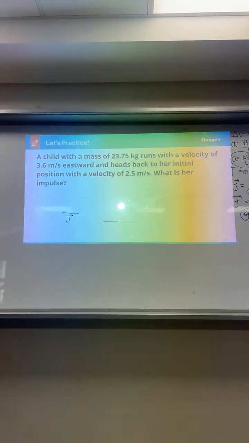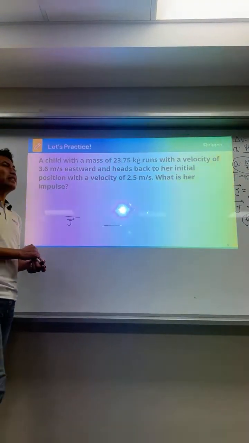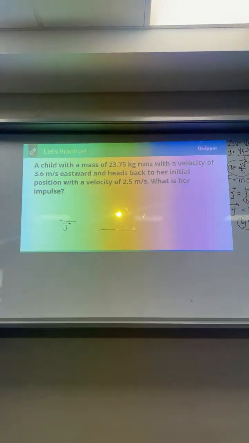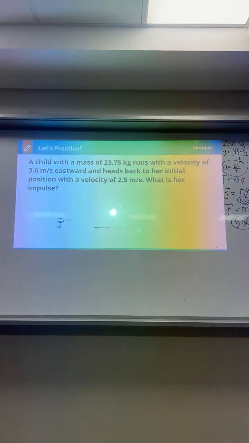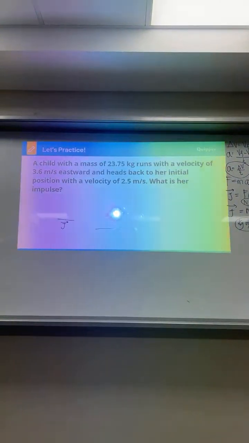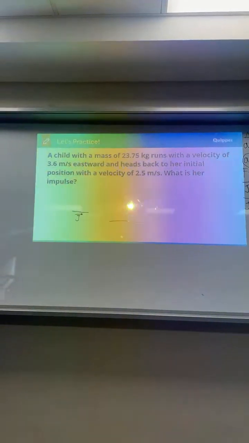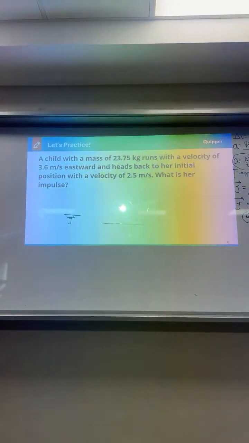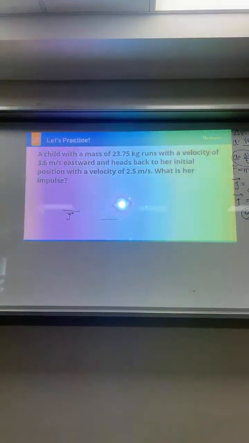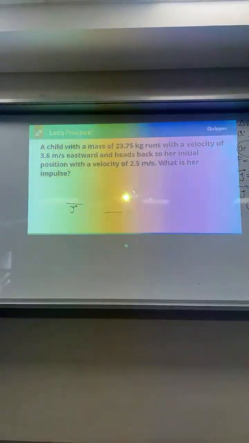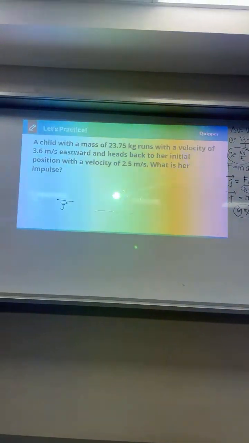Okay, let's have our first example. So easy lang. The first two examples natin are very easy. A child with a mass of 23.75 kilograms runs with a velocity of 3.6 meter per second eastward.